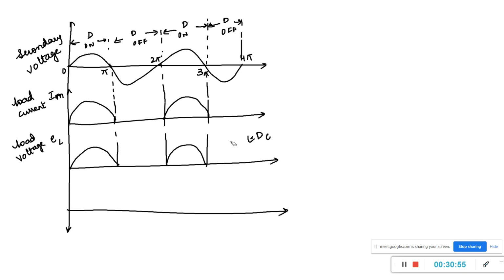Write down everybody, okay? Write down with me. It is EDC. This is IAC. IAC is equal to IDC. Okay, EDC, IDC. These are the average values.